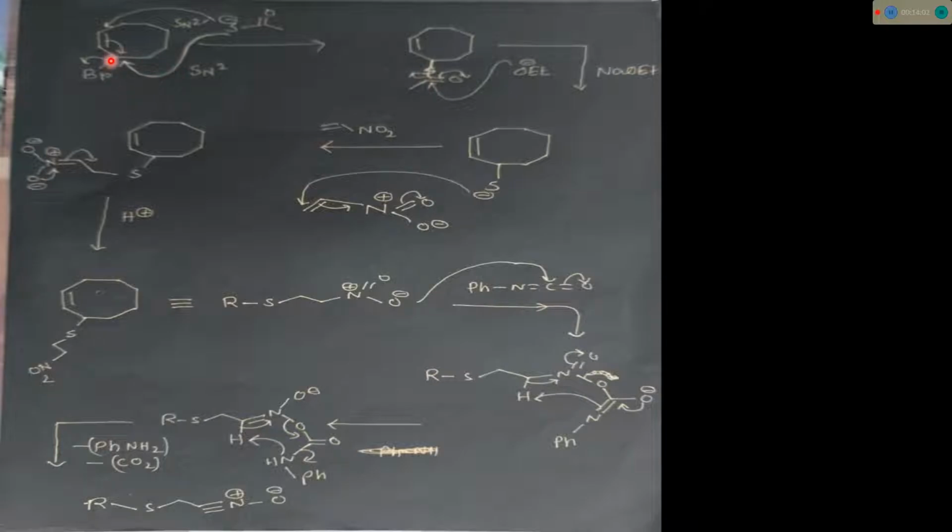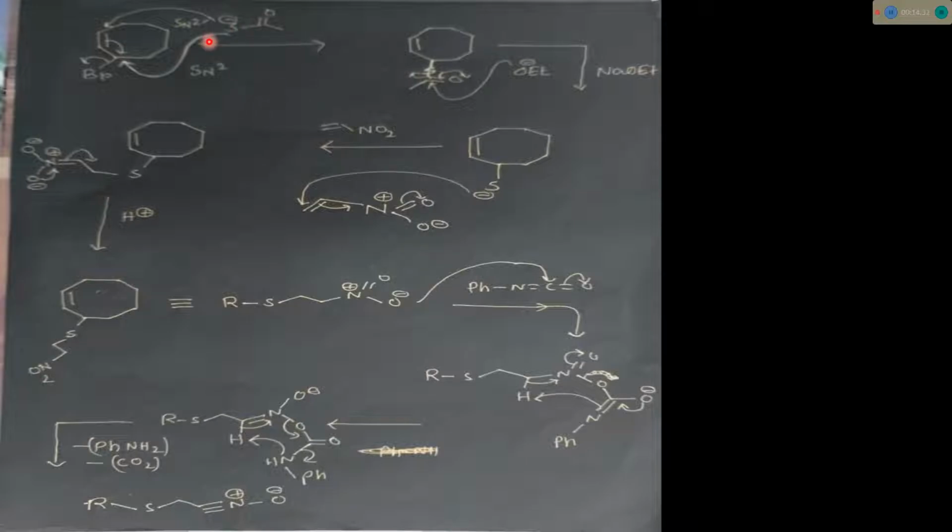So we all know that allyl bromide is a perfect substrate for nucleophilic substitution reactions. This is the nucleophile. If it attacks directly the carbon containing the bromine center, it is called SN2. It can also attack at this position, and then it will be called an SN2 dash reaction. Either way, we will get the same product.